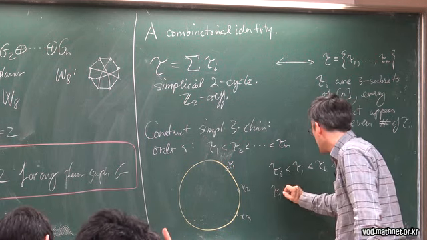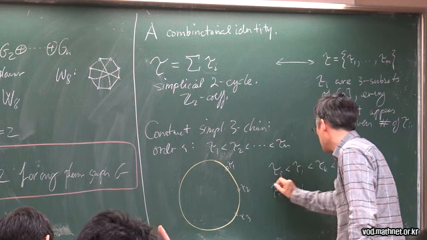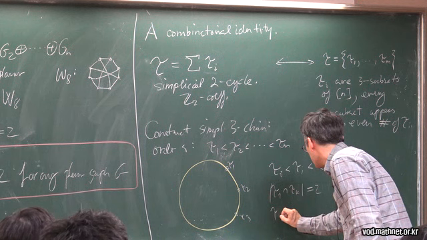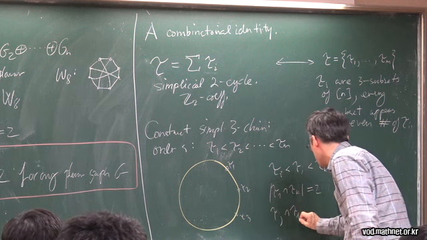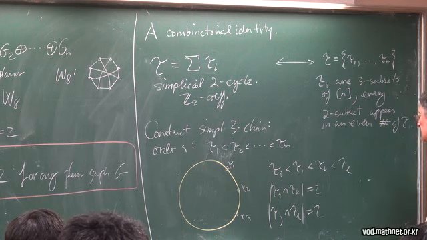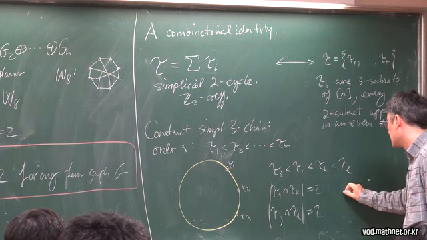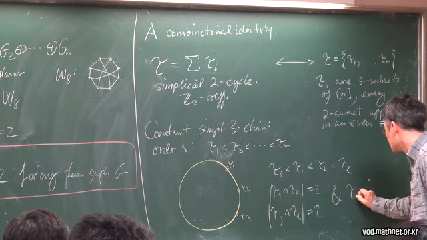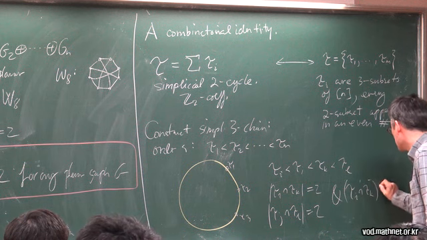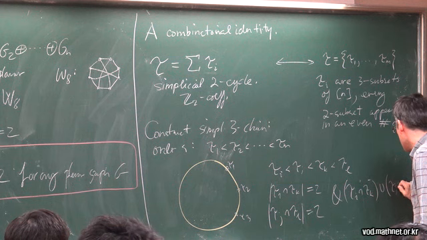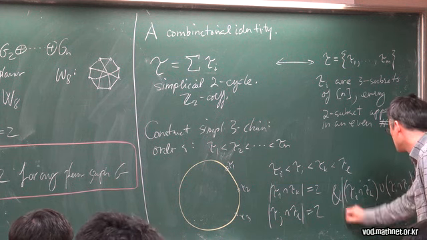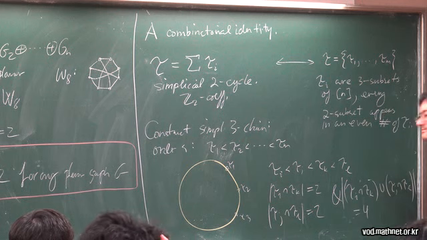where tau i intersect tau k share a two-element subset, tau j intersect tau l share a two-element subset, and the union of tau i intersect tau k and tau j intersect tau l, so these two subsets, this size is 4.